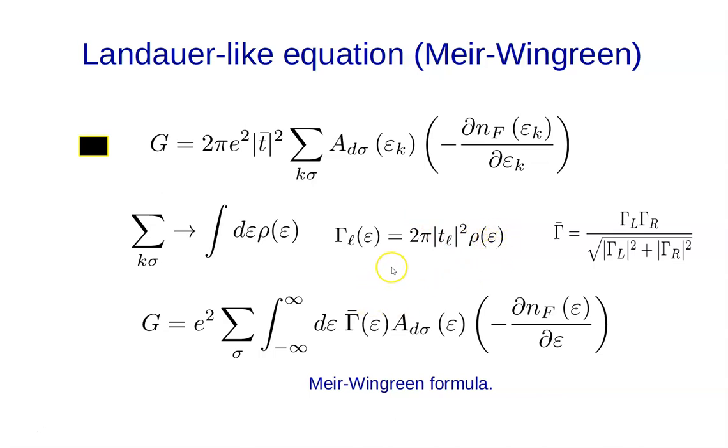So with that, I have the continuous version of this at finite temperature, and this is sometimes called the Landauer-Büttiker formula for the Anderson model, sometimes the Meir-Wingreen formula, coming from a very famous paper by Meir and Wingreen and Yuval Meir in the late 90s.